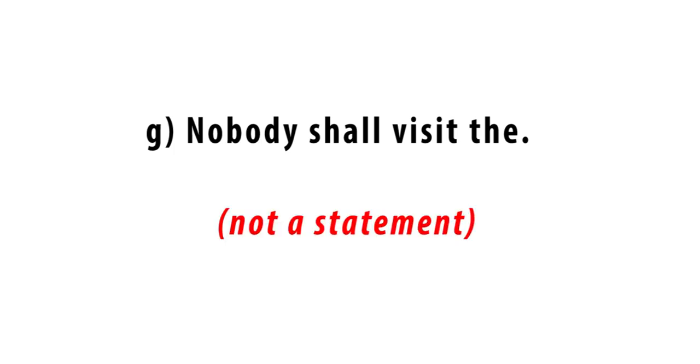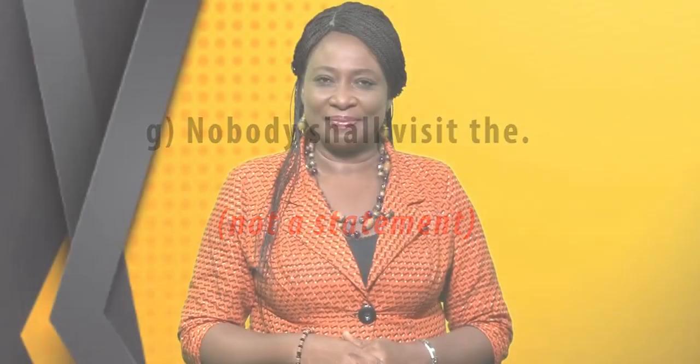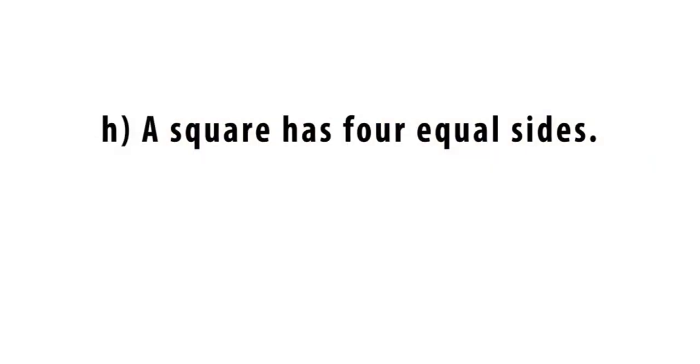And then G, nobody shall visit there. This is not a statement. Let's look at the final one. A square has 4 equal sides. It may be true, it may be false. This is a statement. In fact, a square has 4 equal sides.